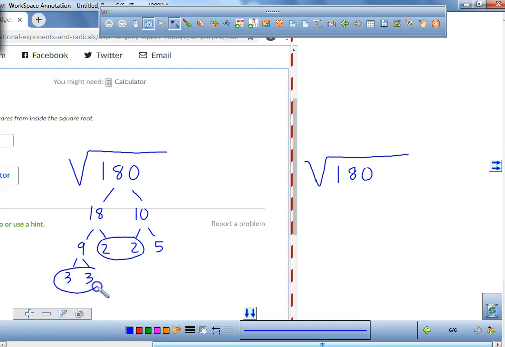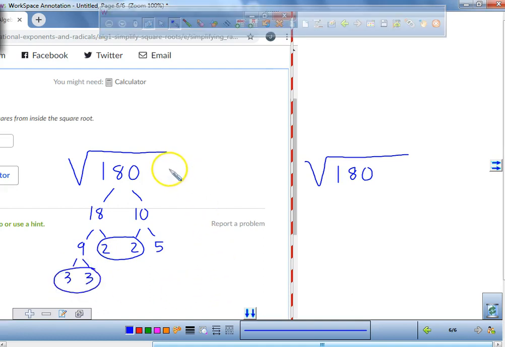So what happens? What is able to come out of this radical? A 3 is able to come out. And what else is able to come out? A 2. And what stays inside of the radical that did not have a buddy, have a pair? A 3. So my final answer is 6 radical 3. 6 radical 3 would be my simplified answer.